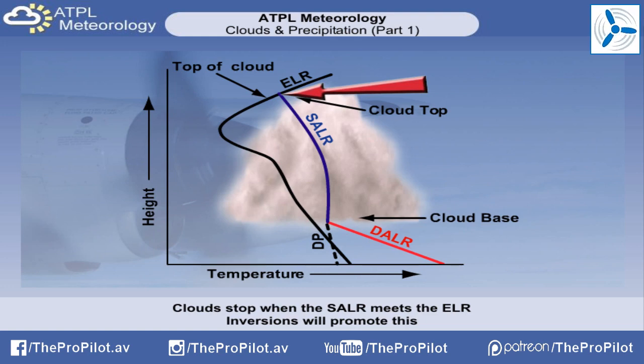This part of the ELR is known as an inversion, because the temperature starts to increase with height. It is at this point that our parcel of air, which was following the SALR, is no longer warmer than its surroundings, the ELR, and therefore will no longer rise.